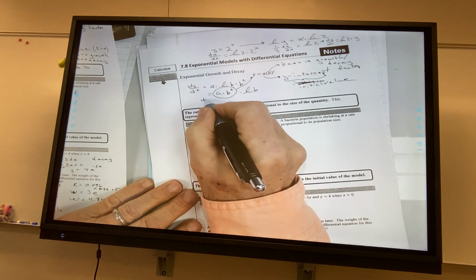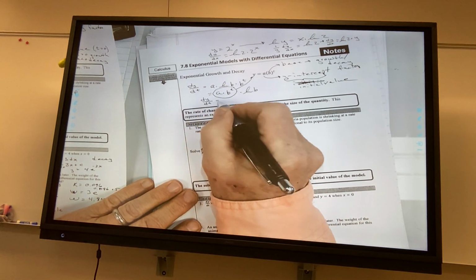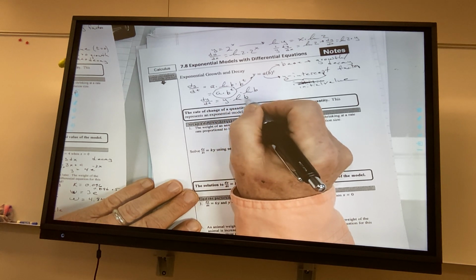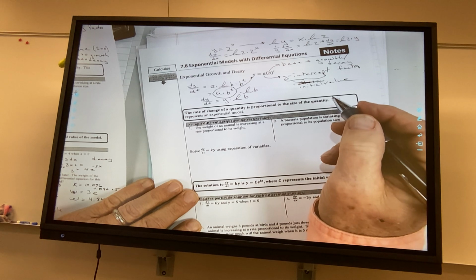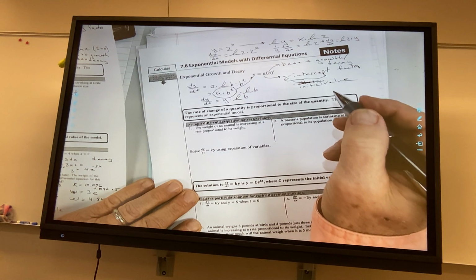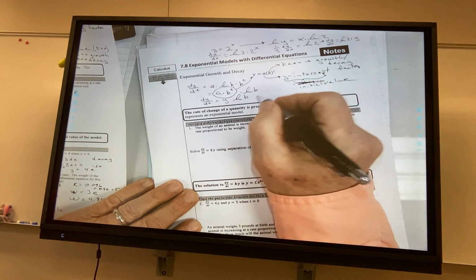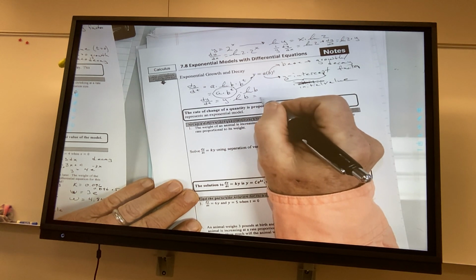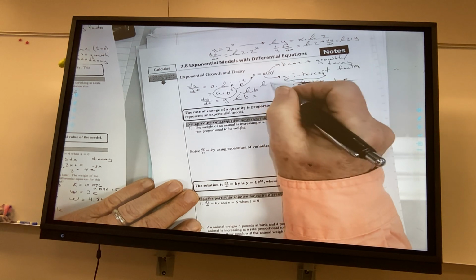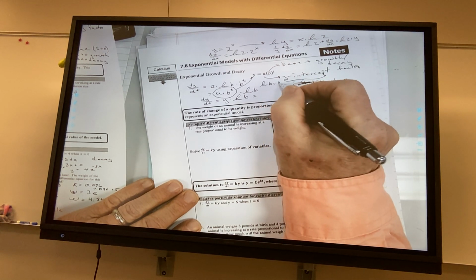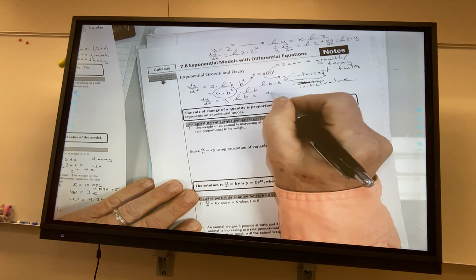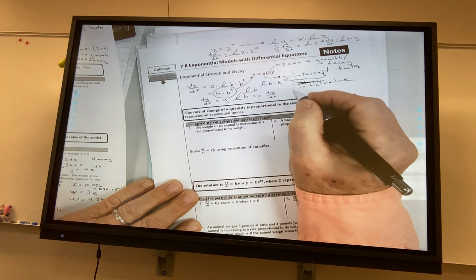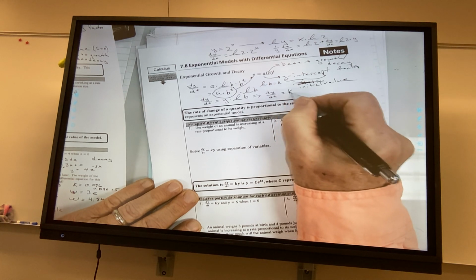So I can say dy dt is equal to y times the natural log of b. And this natural log of b I define as k, so dy over dt, the differential equation, is in the form of k times y.